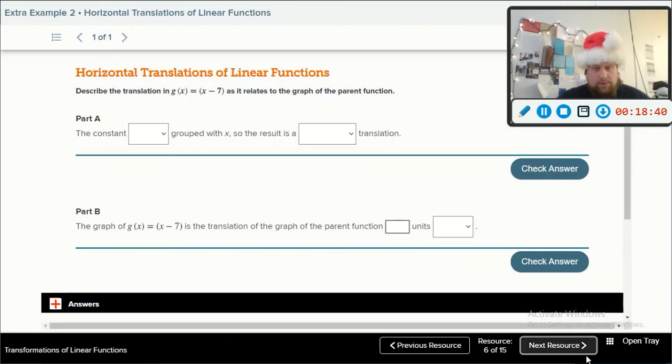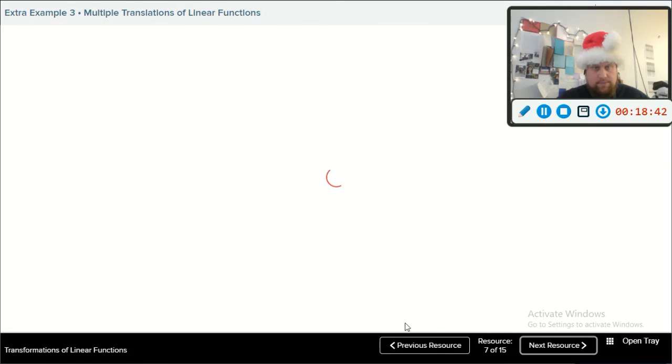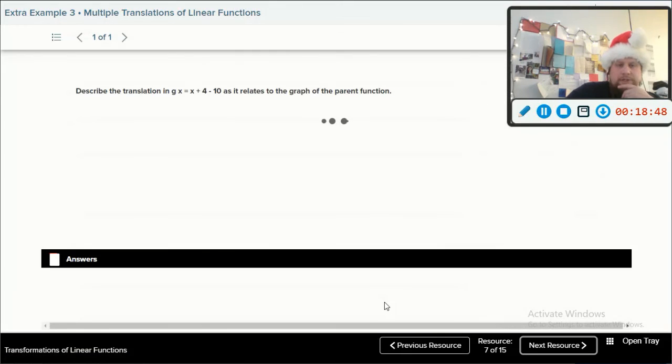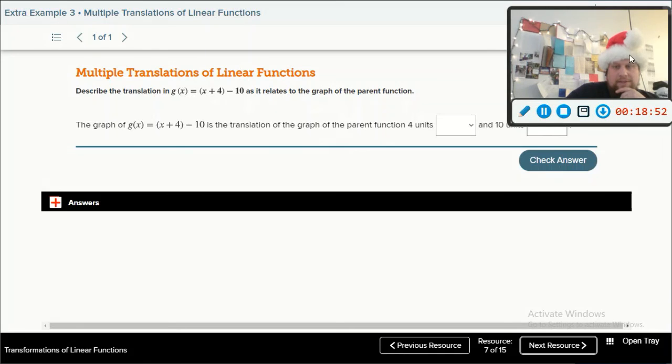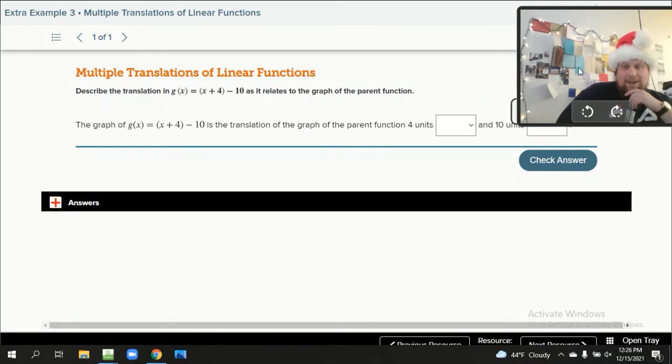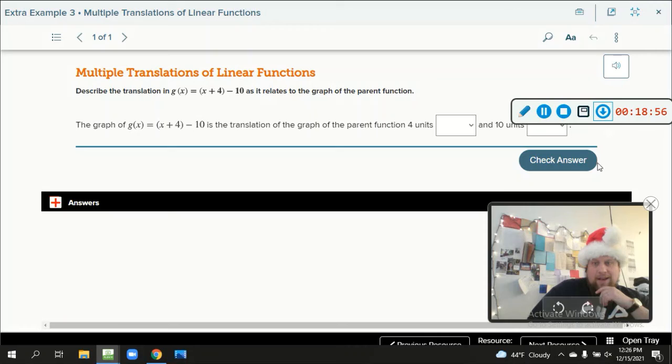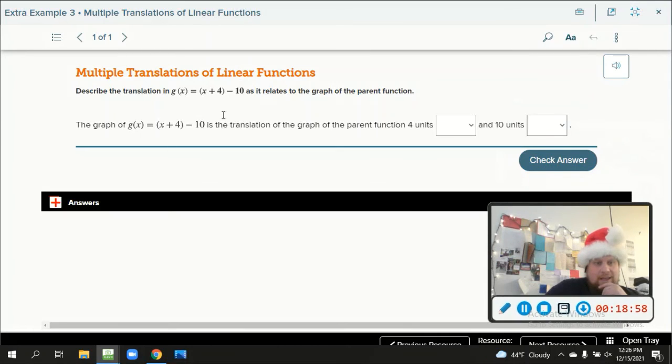We are almost done. Now, just write these in any extra space you have there in those translations. What if I have it doubled up like this? Now I've got a twofer going on here. The graph of x plus 4 minus 10 is the translation of the parent function, 4 units.